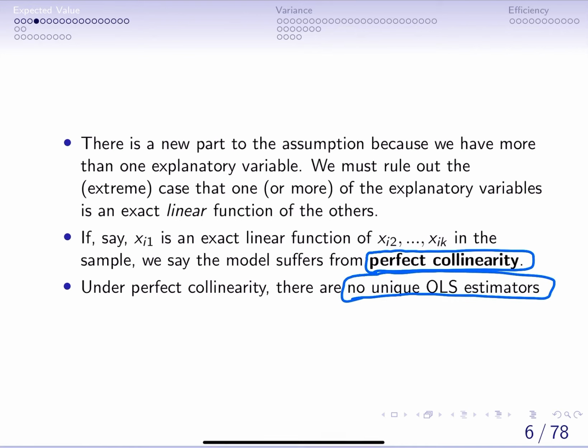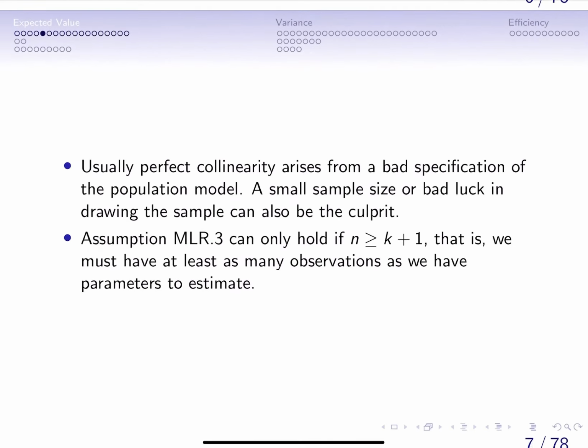Okay, so remember what we're trying to do in linear regression. We want to find unique values of these estimates, OLS estimates, which is basically you're getting that from minimizing the sum of squared residuals.